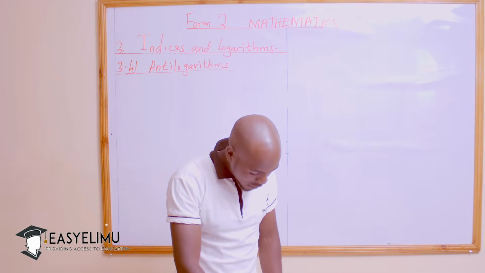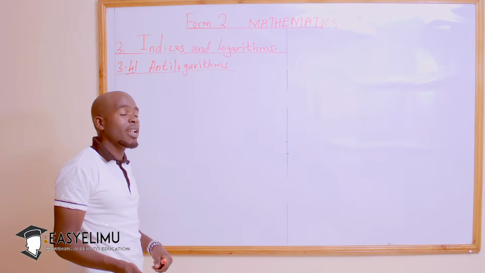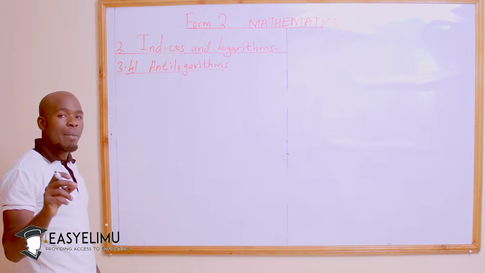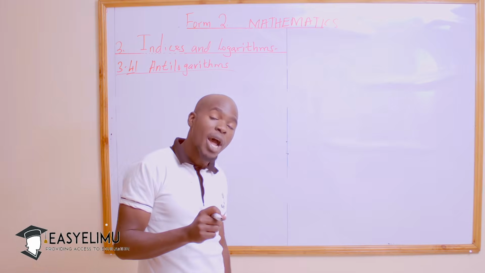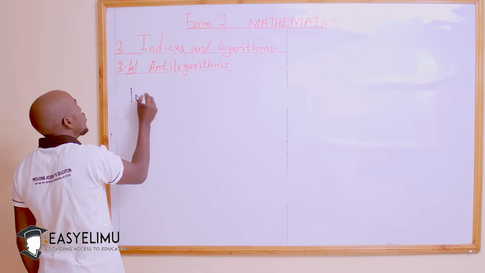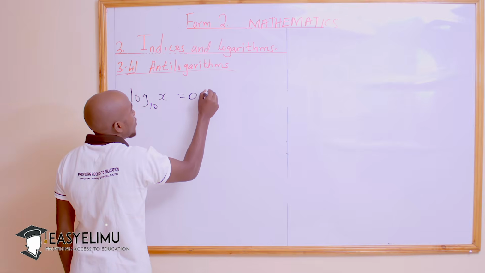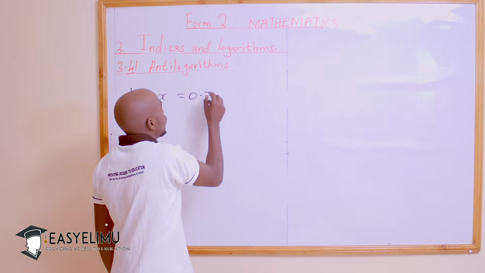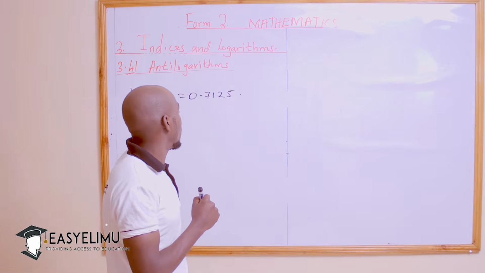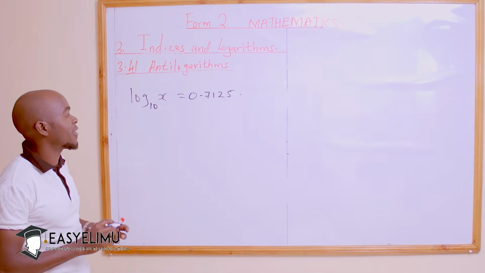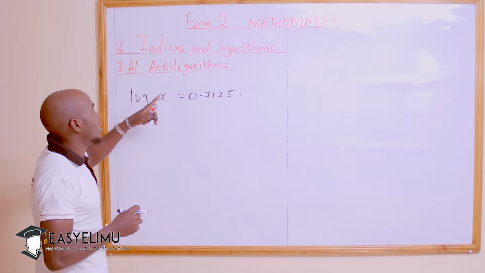So we shall consider a number such as 0.7125, and that is the logarithm to base 10. A certain number was found to base 10 to give us the value of 0.7125, meaning that the log to base 10 of x is equal to 0.7125. What is the number to which that logarithm was found in order to get 0.7125?